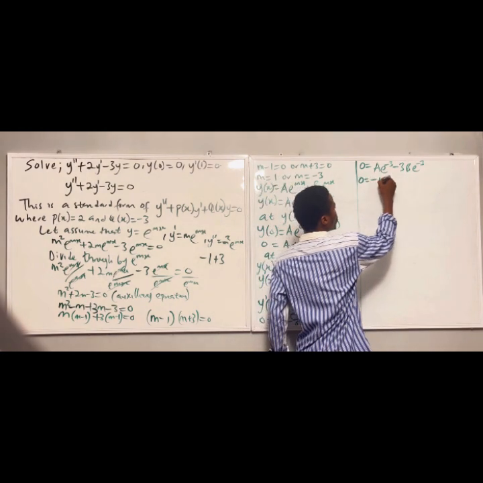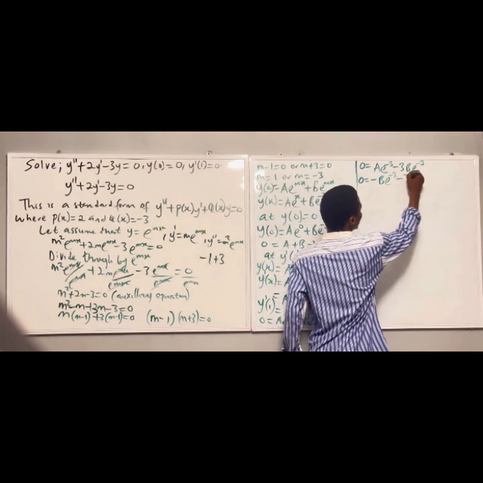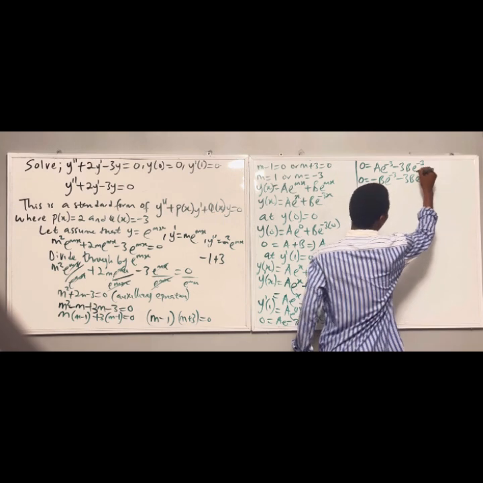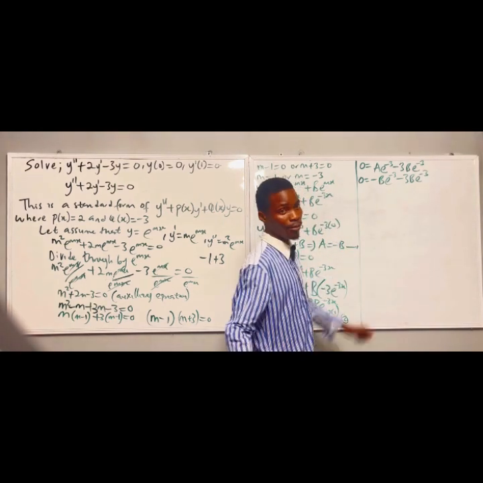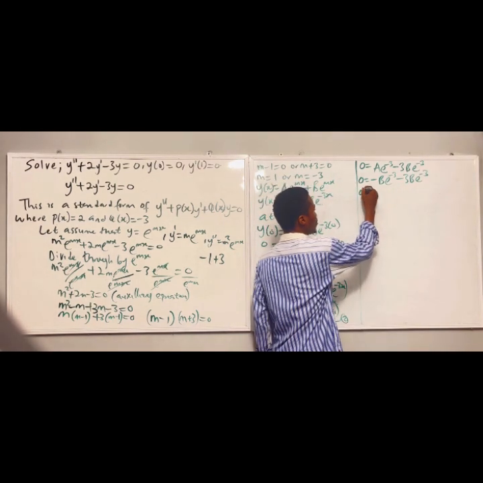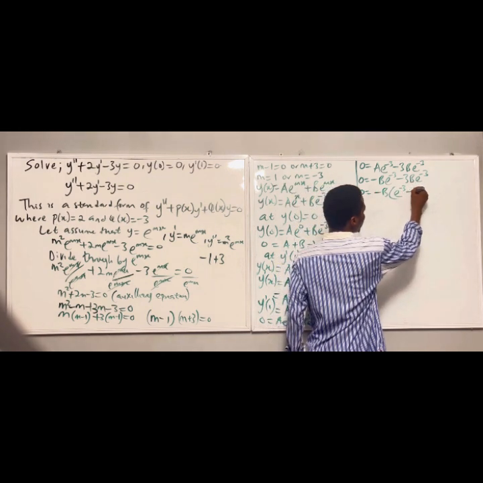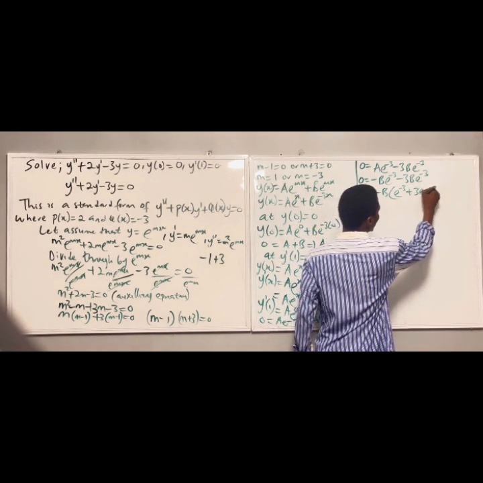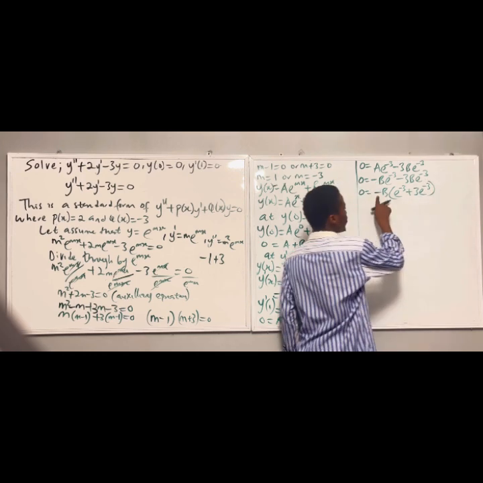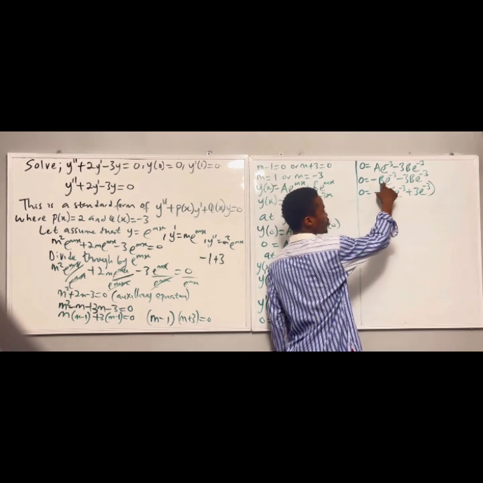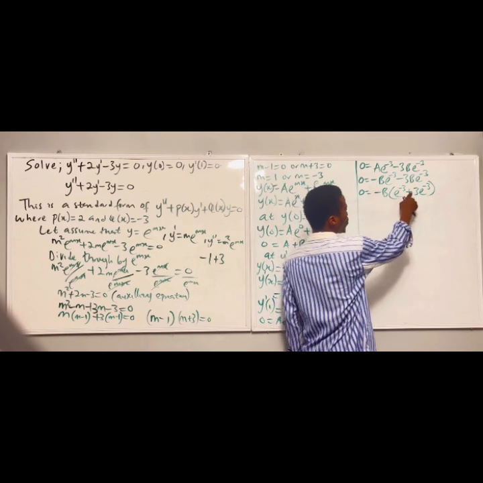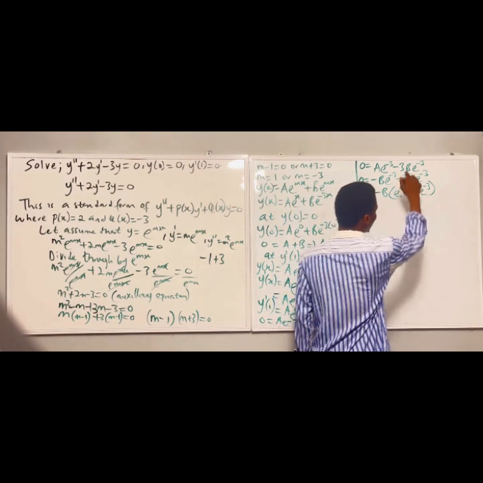A is equal to minus b exponential minus 3 minus 3b exponential minus 3. So I can factor the common terms. I have 0 is equal to what? Minus b is common, exponential minus 3 plus 3 exponential minus 3. If I multiply minus b by this, I'm going to have this.